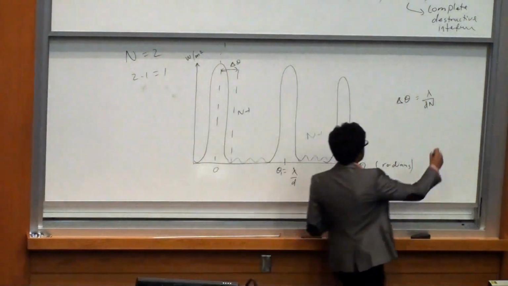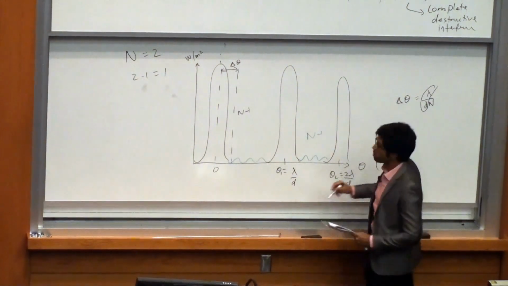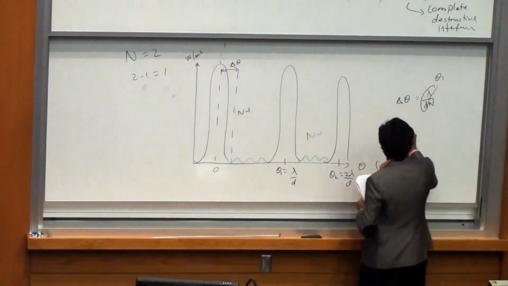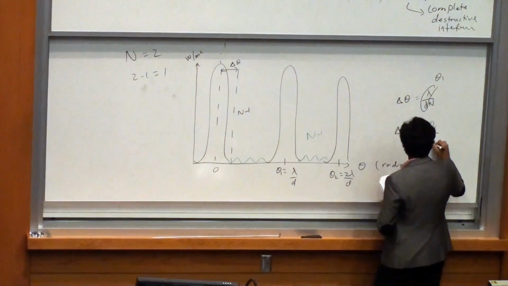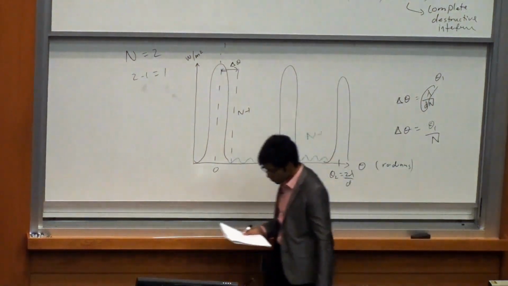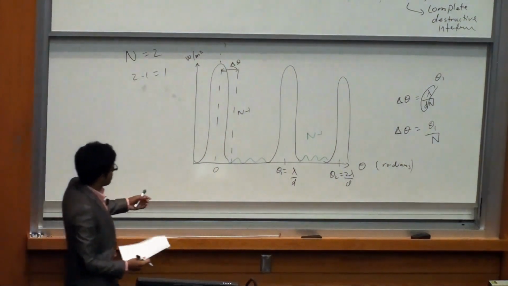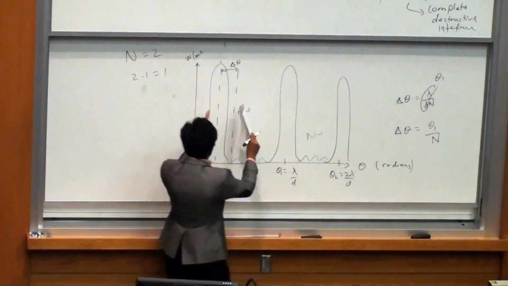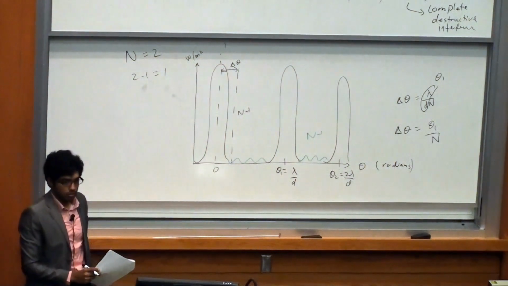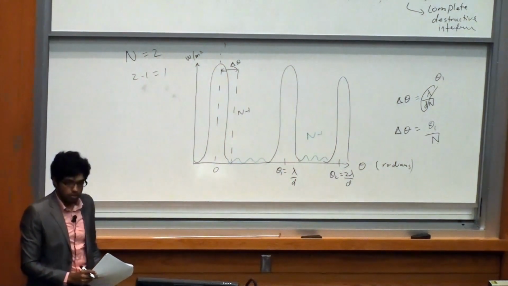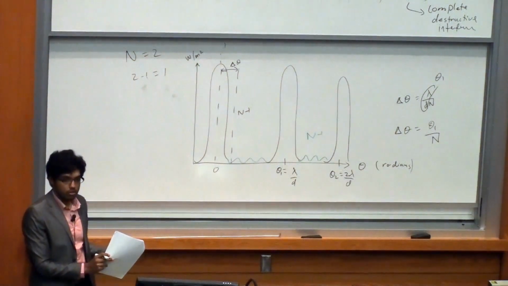But we know that lambda over d right here is theta 1. So my delta theta is going to be theta 1 over N. Now basically my peak width is N times smaller. So if my N goes up, then my width will get narrower.